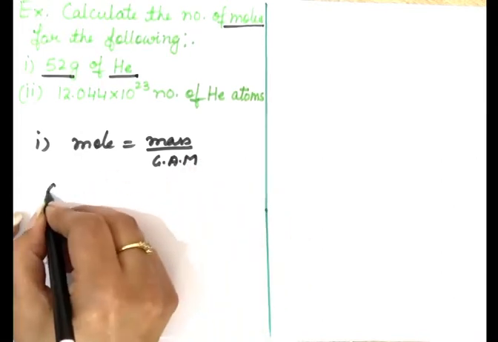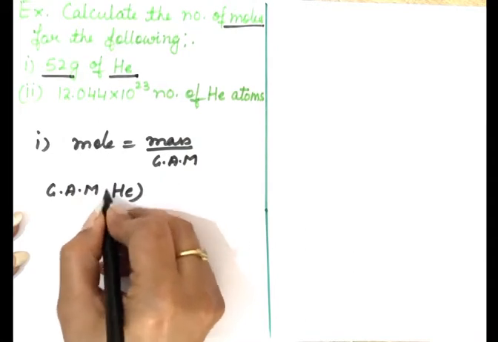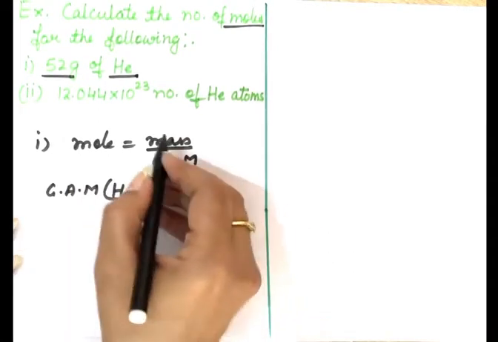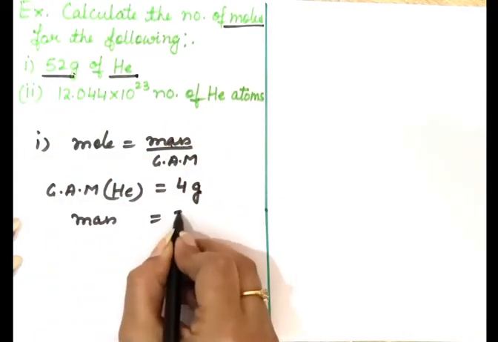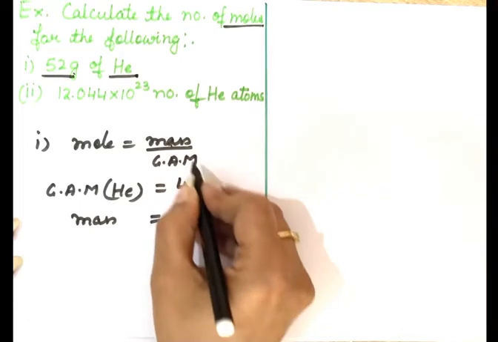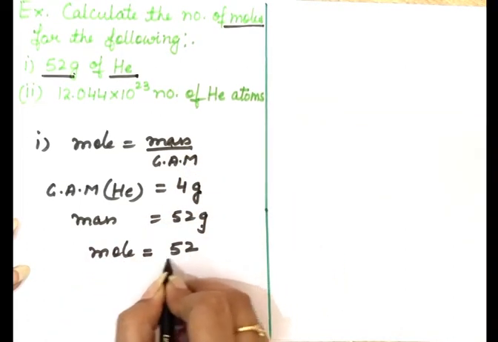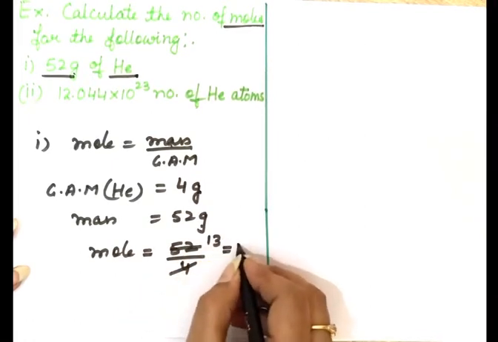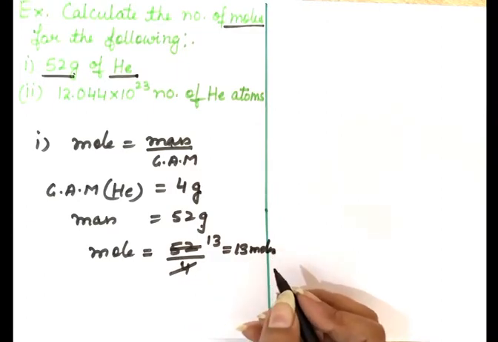The gram atomic mass of helium, since the element mentioned here is helium, is 4 grams. And the mass given is 52 grams. Fill these values in the formula. We get mole equal to 52 divided by 4, which is equal to 13 moles. That is the answer. So using the formula directly we can find it.